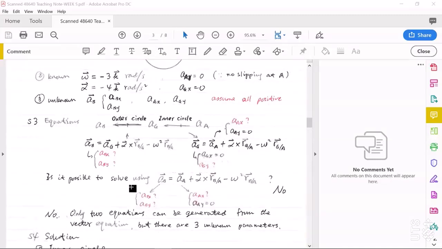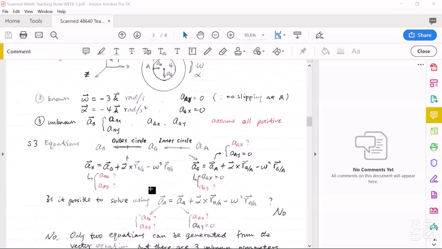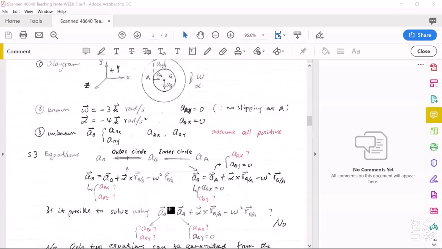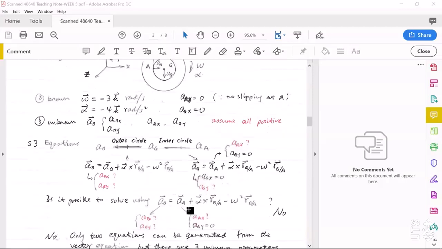Here, a question: is it possible to solve this problem using only one equation? This equation is about the relationship between AB and AA. The answer is no. Why?